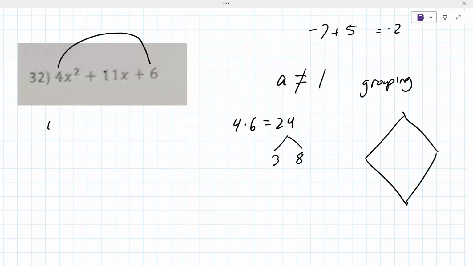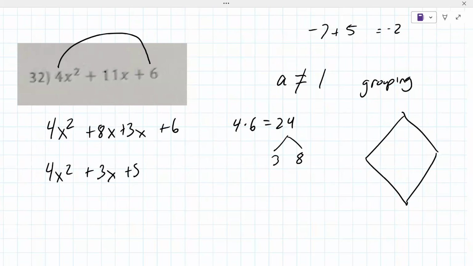Okay, so you have a choice here. You either write 4x squared plus 8x plus 3x plus 6, or 4x squared plus 3x plus 8x plus 6. And you might wonder, why does it matter? You want to choose the one that pairs best with the 4x squared.